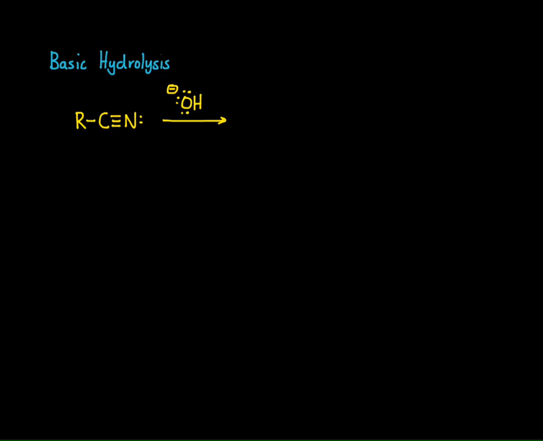The nitrile in basic conditions, hydroxide in water, that's what we're using. So the hydroxide acts as a nucleophile right away, attacks that carbon of the nitrile, displacing a carbon-nitrogen triple bond pi bond. And so we generate an anion where the nitrogen has a negative charge associated with it.